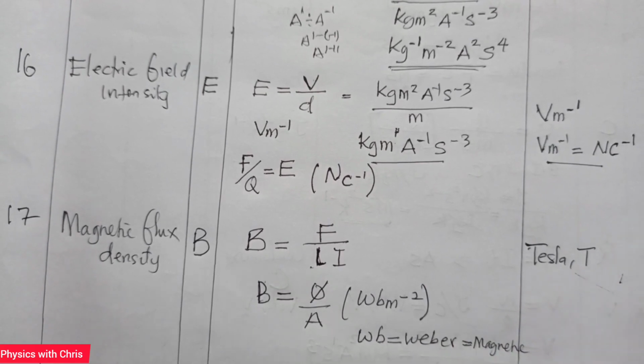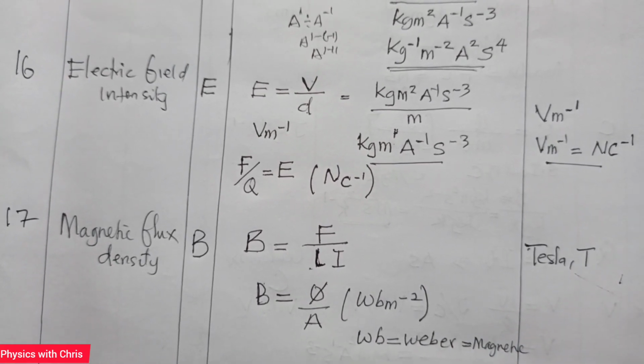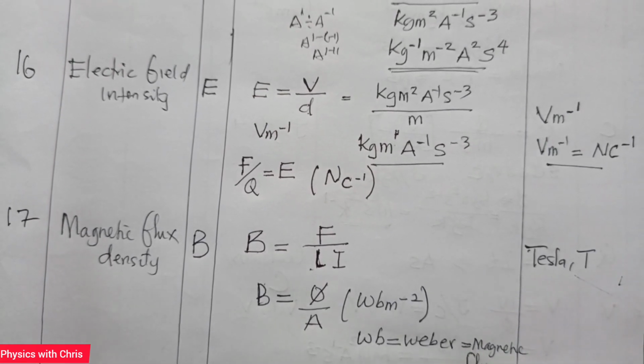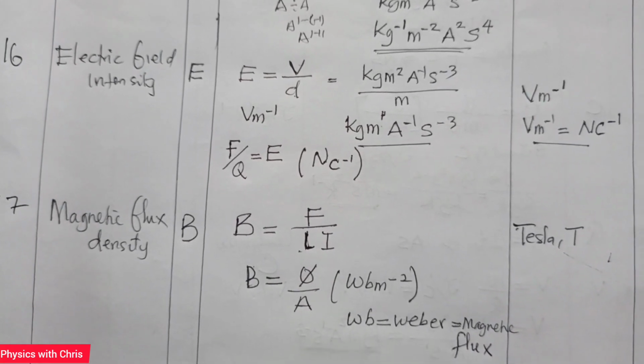Magnetic flux has to do with the magnetic lines of force. When I say magnetic flux, I'm talking in terms of the lines of force that most times, from a bar magnet, leave the North Pole and then move into the magnet through the South Pole. So we call that magnetic flux or magnetic lines of force. It's more of a measurable physical quantity.